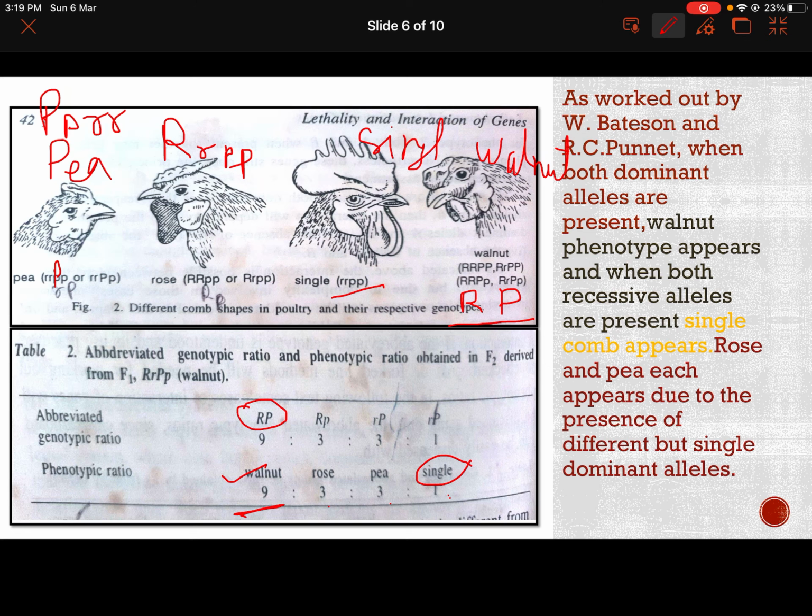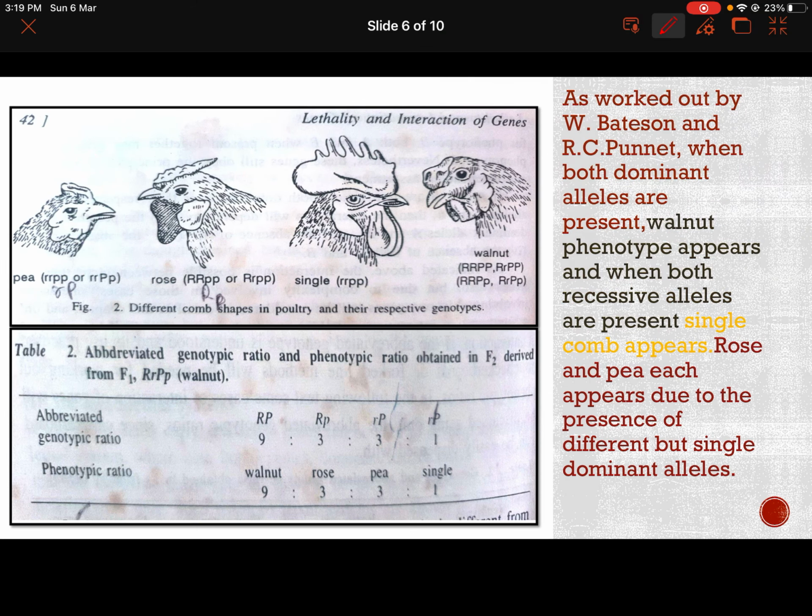Like Mendel's dihybrid cross, where recessive was only 1, here it is also only 1. As worked out by W. Watson and R.C. Punnett, when both dominant alleles are present, the walnut phenotype appears, and when both recessive alleles are present, single comb appears. Rose and pea each appear due to the presence of different but single dominant alleles.